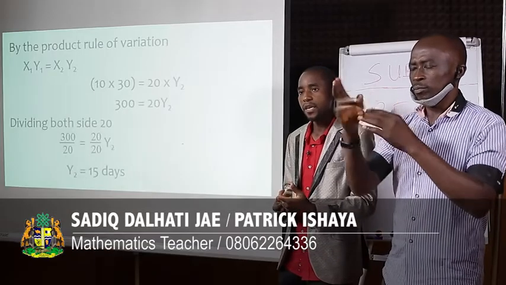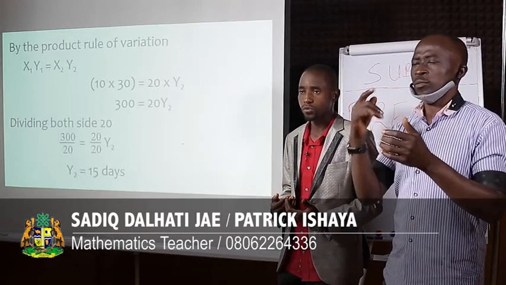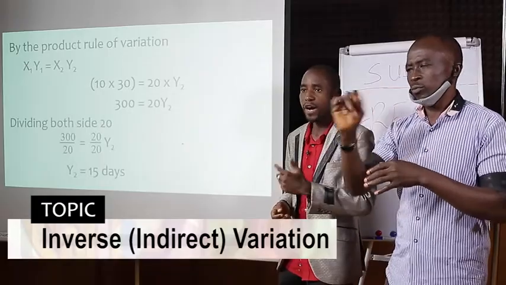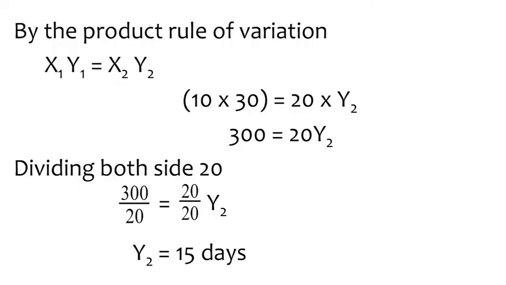Dividing both sides by the coefficient of y2, which is 20. When we divide both sides by 20, then we have 300 over 20 equals 20 y2 over 20.